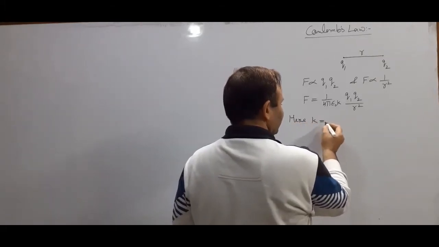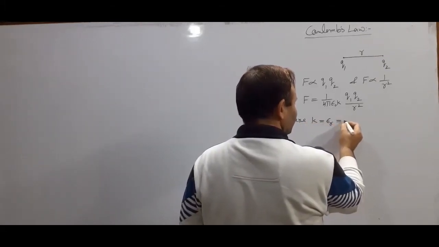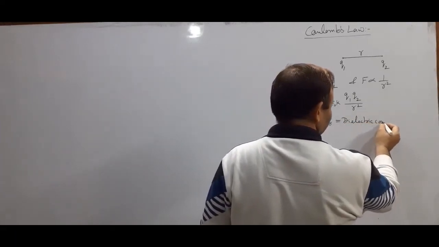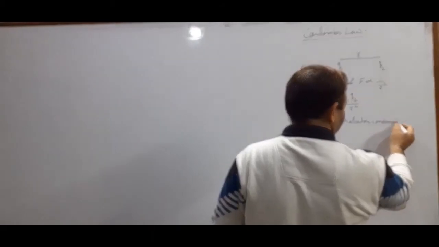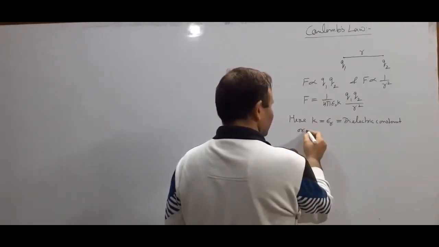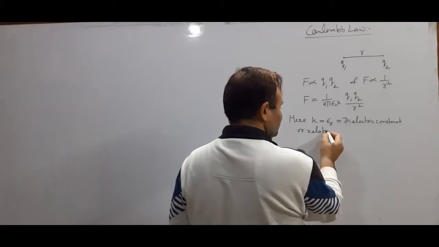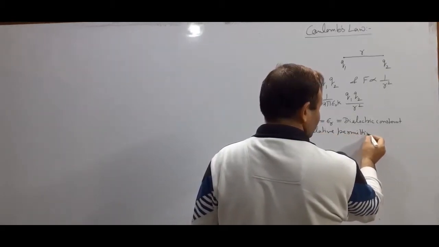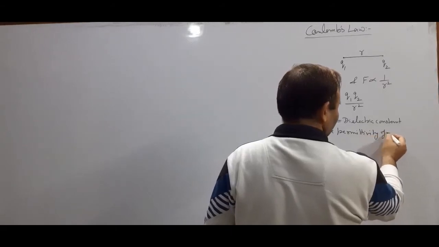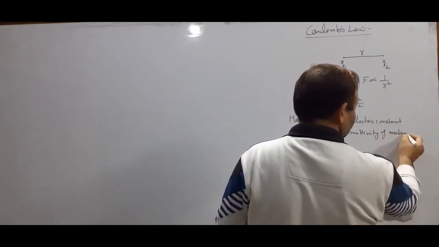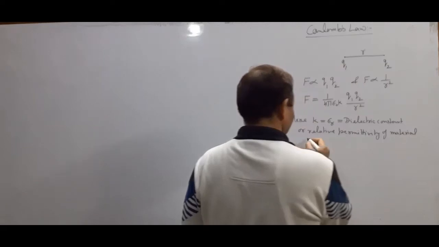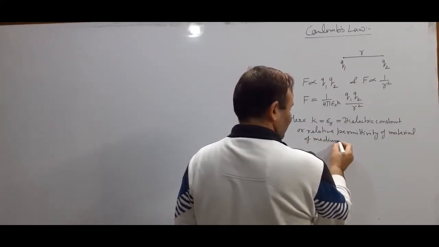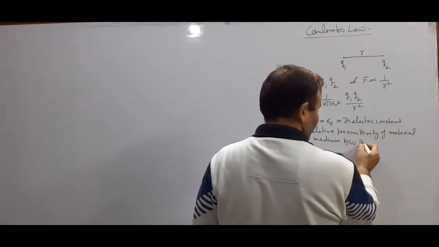Here K equal to epsilon r is equal to dielectric constant or relative permittivity of material of the medium between the two charges.